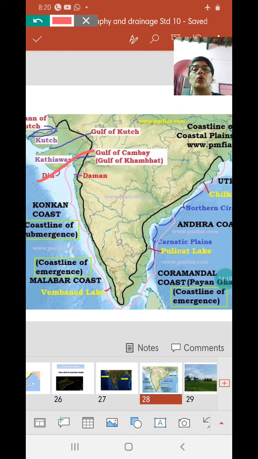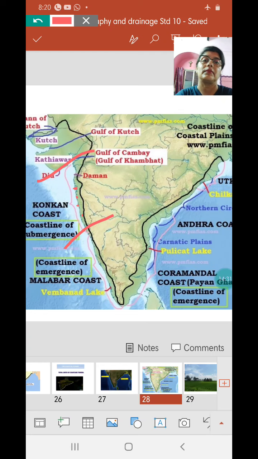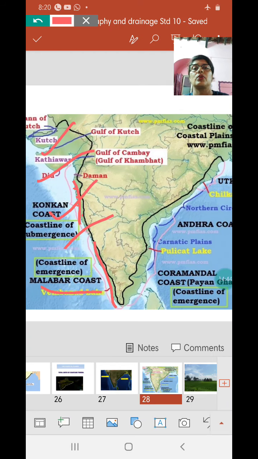You have the Konkan coast, mainly the coastline of Maharashtra and Karnataka. Yesterday you heard about the cyclone Nisarg, which hit this Konkan coast here. Then we have the Kerala coast, which is called the Malabar coast. These are the names: the Gujarat coast, the Konkan coast, and the Malabar coast in the west.